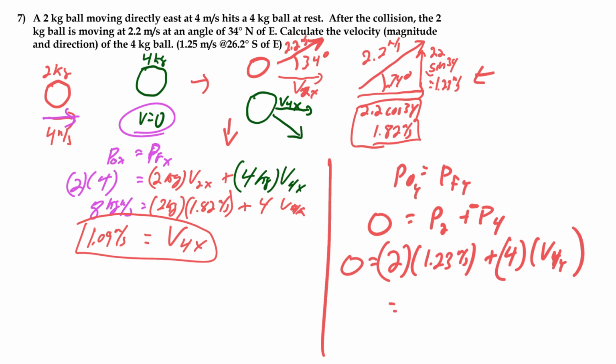Okay, so notice we're going to get a negative number here. If you want, you could plug in the negative to start with. I like to let the math tell me it's going to be negative here. So let's go ahead and do that. So V4y, do the algebra, 2 times 1.23 divided by 4 gets me 0.615, or negative 0.615.